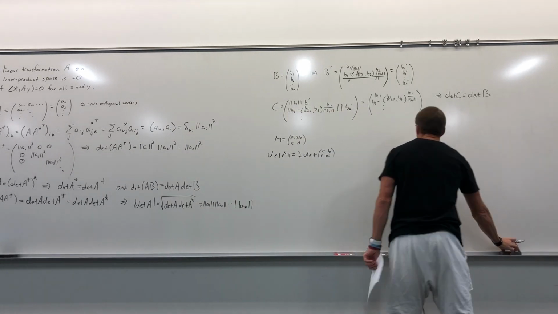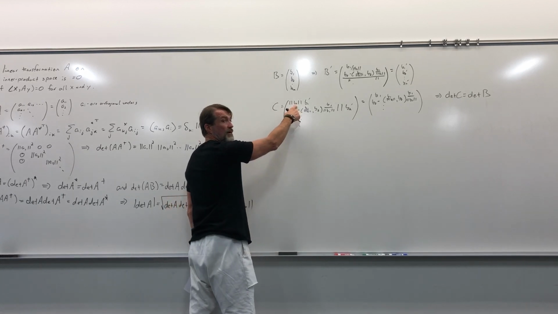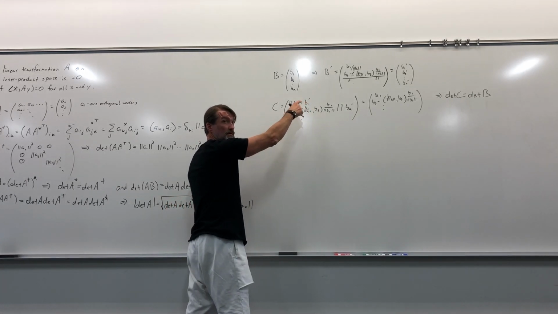So det C is a bunch of constants times the rows.